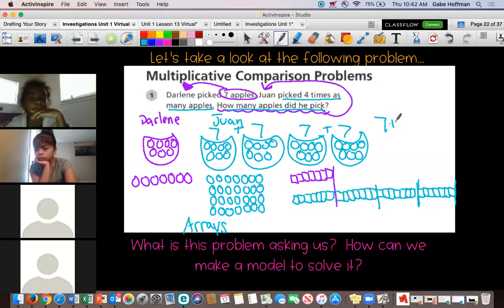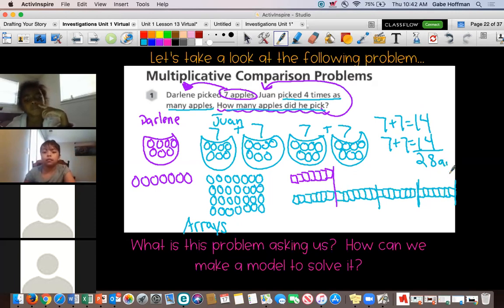So 7 plus 7 equals 14. And then another 7 plus 7 equals 14. Then I can add my 2 14s together, and I get 28 apples. Justify your answer with units. Apples, right? So those are just some of the ways I could represent and draw out that problem.